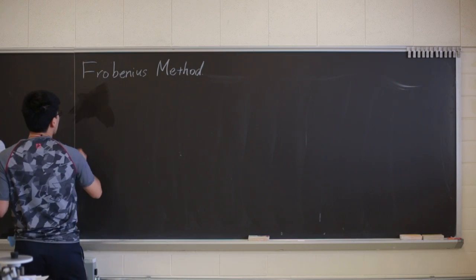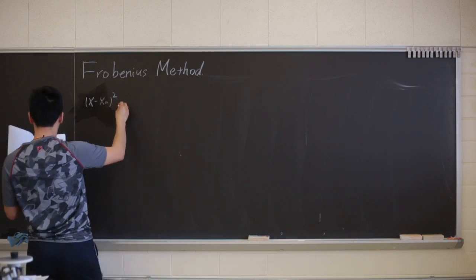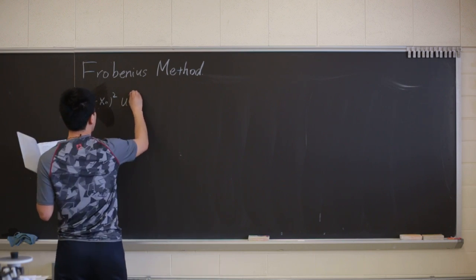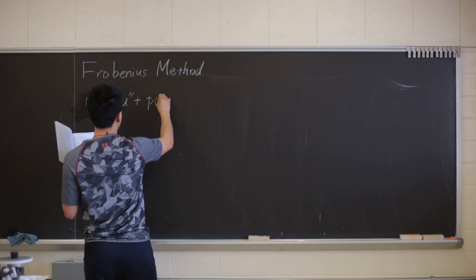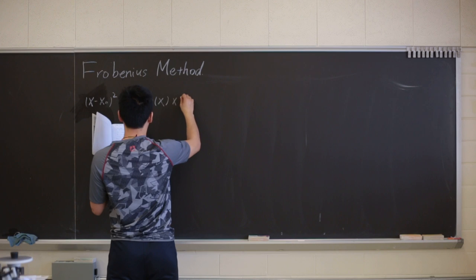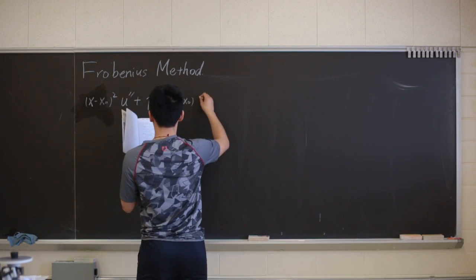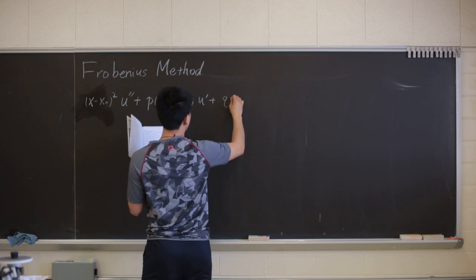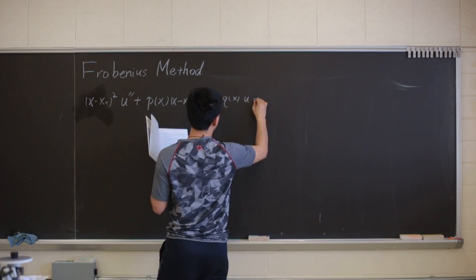Let's make (x minus x naught) squared u double prime plus p(x)(x minus x naught) u prime plus q(x) u equals 0.